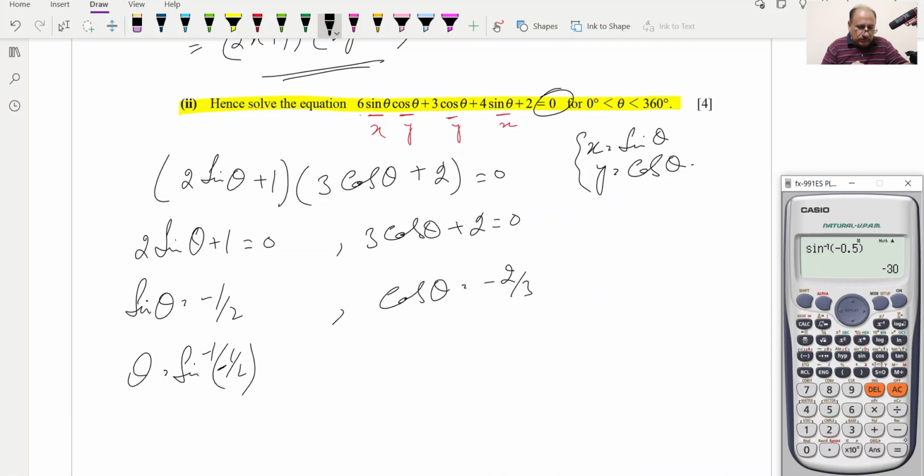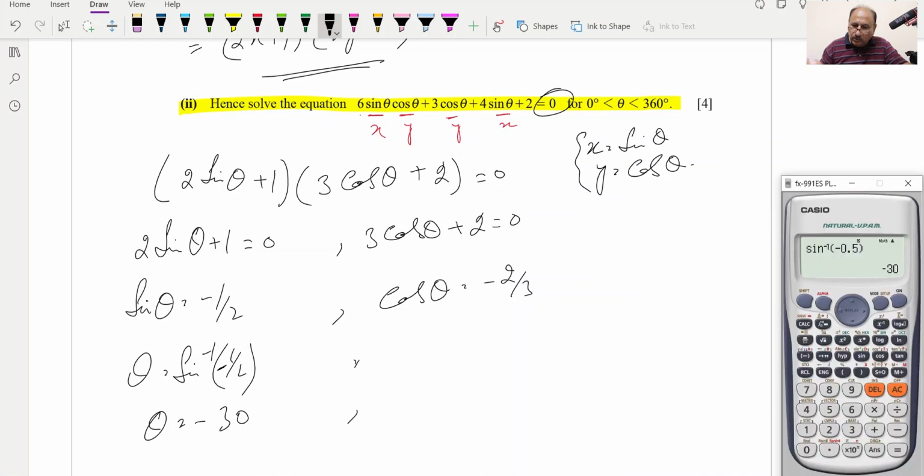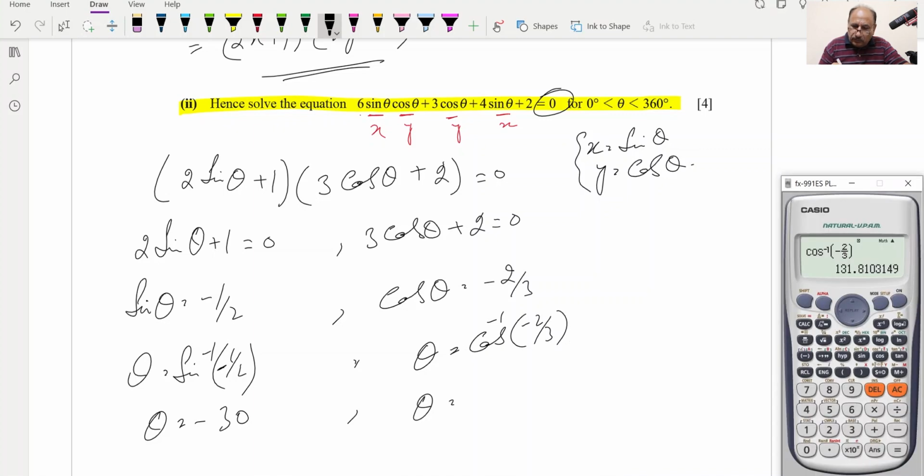So theta is equal to minus 30 degrees, and if we check the cos theta, shift cos of minus 2 over 3, this one we can rewrite as 131.8. So theta is equal to cos inverse of minus 2 by 3, so theta is equal to 131.8.